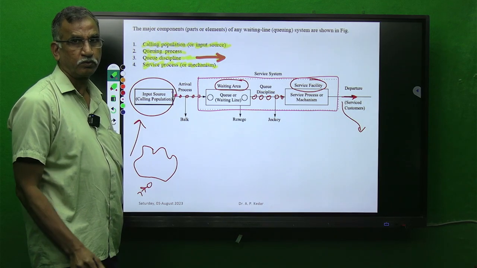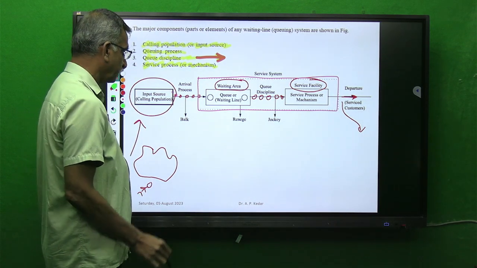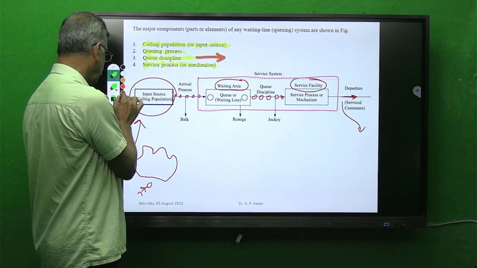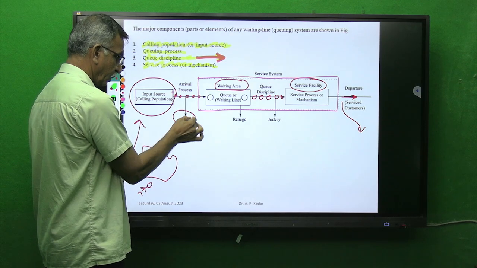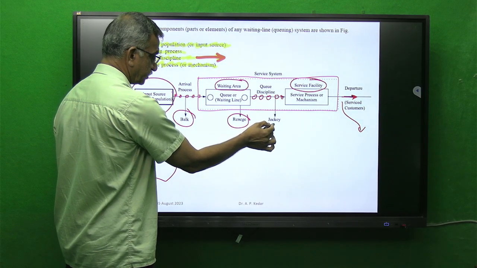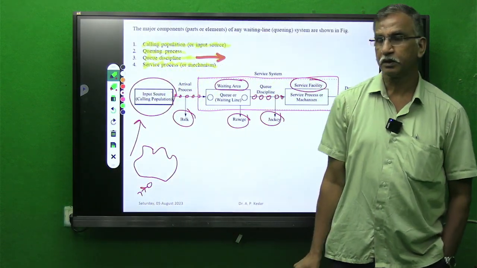If you recall the earlier sketch. Now here you can see three important words. One is balk, second is reneging, third is jockeying. Very, very important.